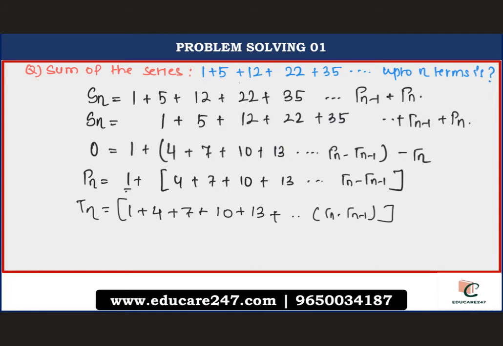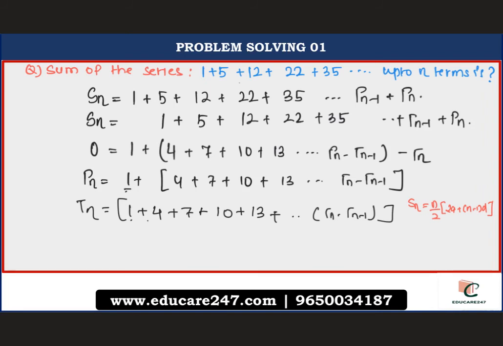Now sum of n terms of an AP, Sn. I hope you are aware of the formula. If you are not, I will show you over here. Sn is equal to n by 2 bracket 2a plus n minus 1 into d, where n is the number of terms, a is the first term and d is the common difference. So placing the values over here, we'll get the sum of this series.